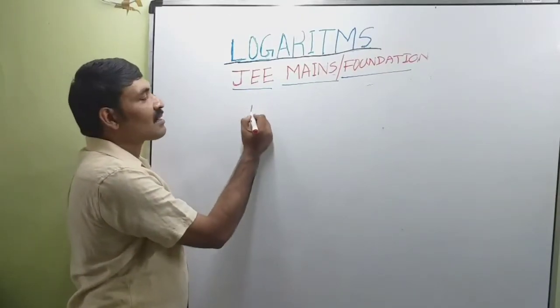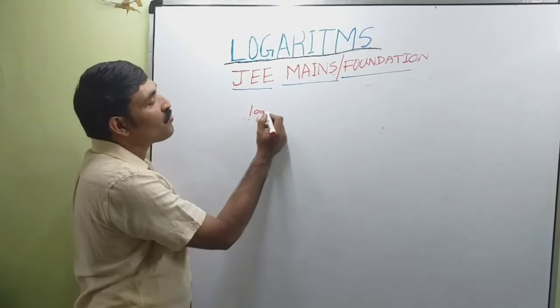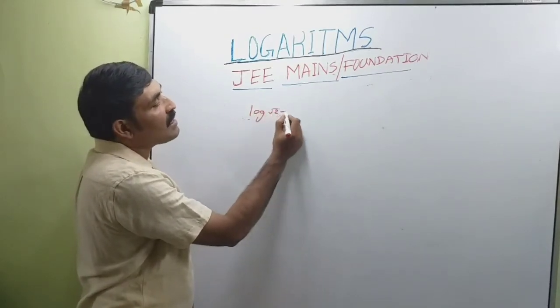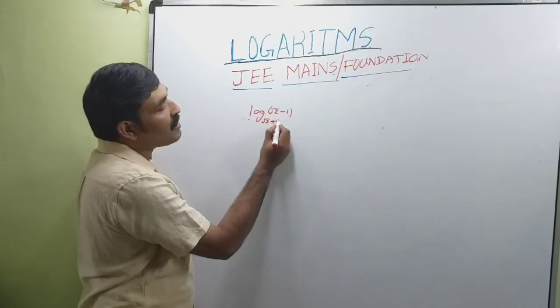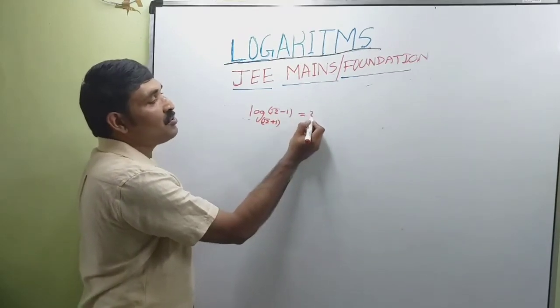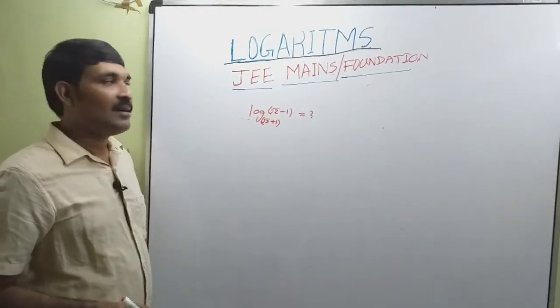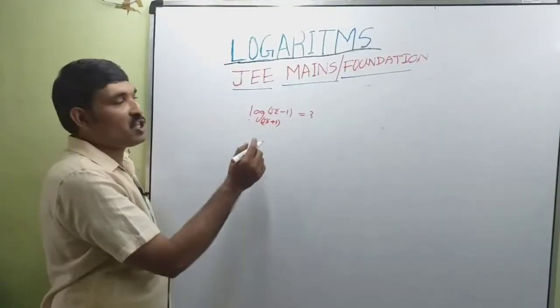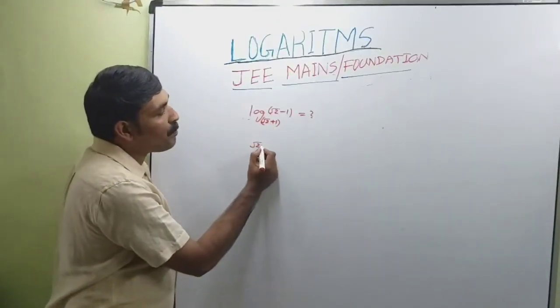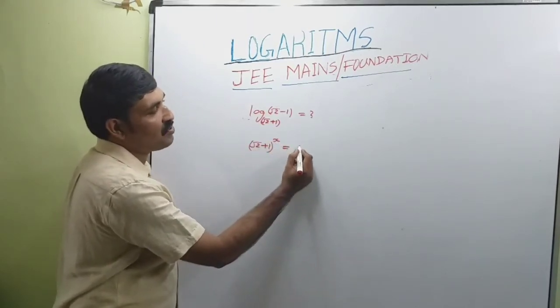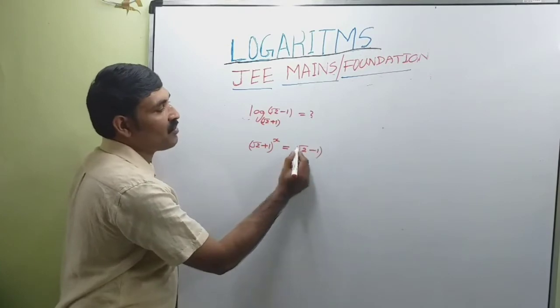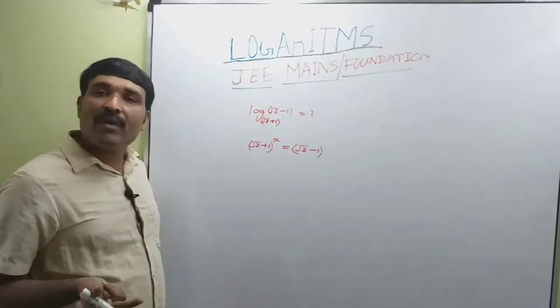Now consider the question, log of root 2 minus 1 to the base root 2 plus 1 is equal to question. Okay, we can write this in exponential form as root 2 plus 1, whole raised to x, is equal to root 2 minus 1. Now what is the value of x?